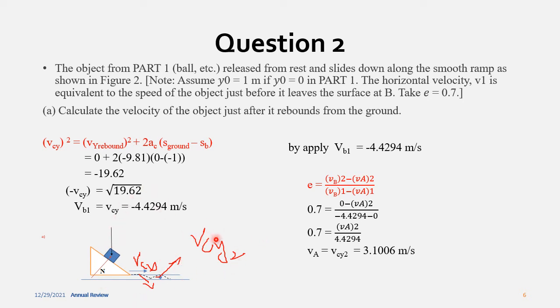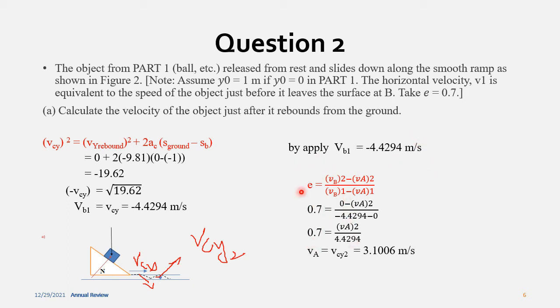If you want to find this VCY2, the speed of the object after the rebound, we must use this equation: e equals VB2 minus VA2 divided by VB1 minus VA1. This equation defines the coefficient of restitution e.